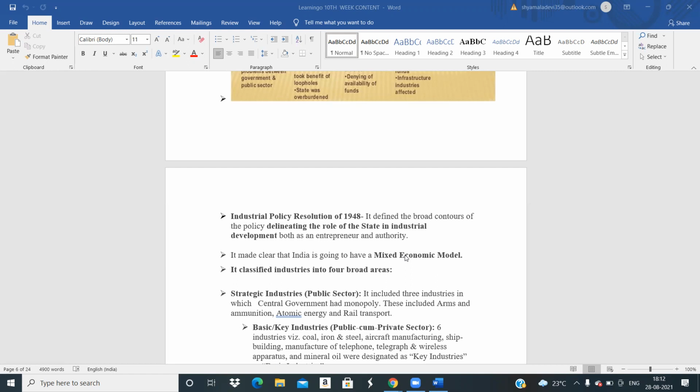These three are considered the main pioneers of the Indian transformation. Had they not taken the decision at that time, maybe India would not have reached the stage where we are today. That was a bold decision taken at that time.